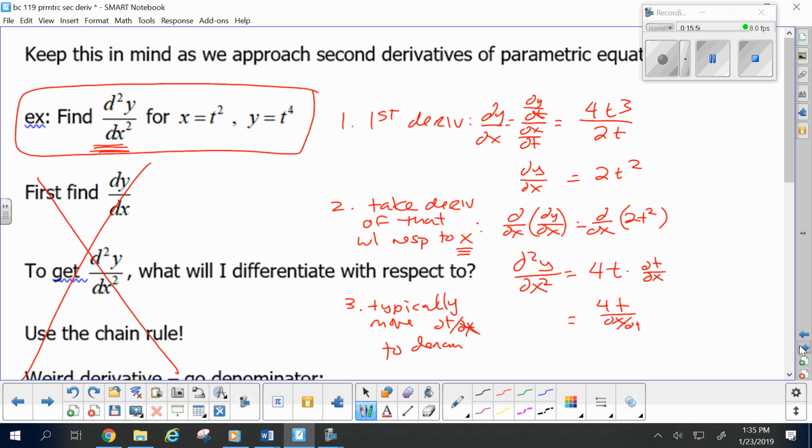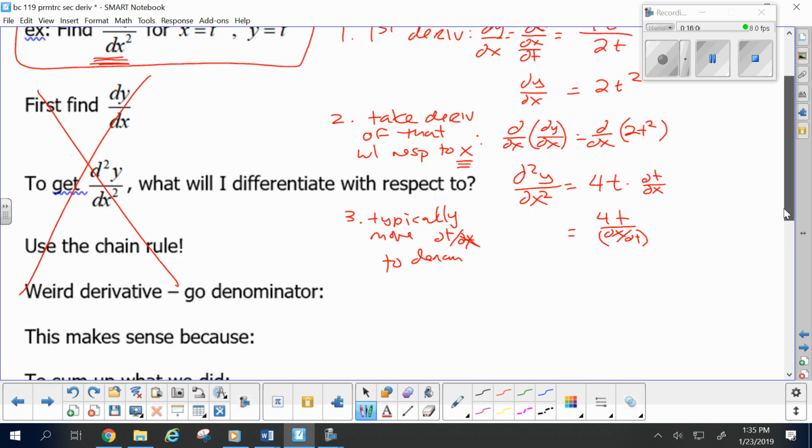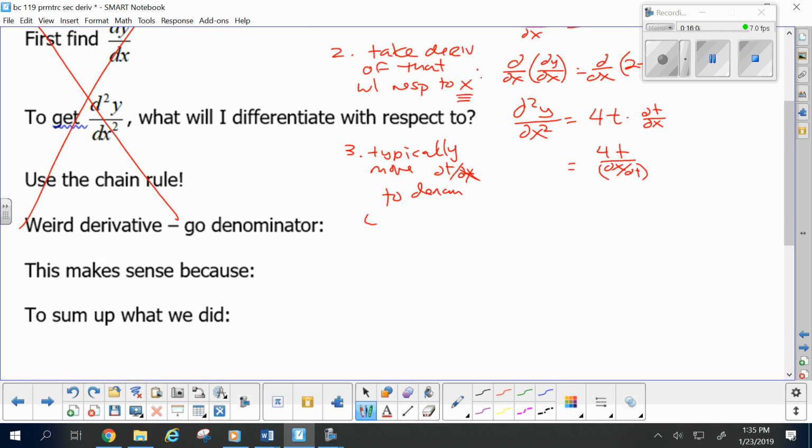The reason being that you'll usually have dx/dt in your work somewhere. You don't want to go back and differentiate dt/dx. You want dx/dt because that's what you're going to be working with typically. All right, then you sub in dx/dt. What is dx/dt? 2t. So your second derivative is 2.